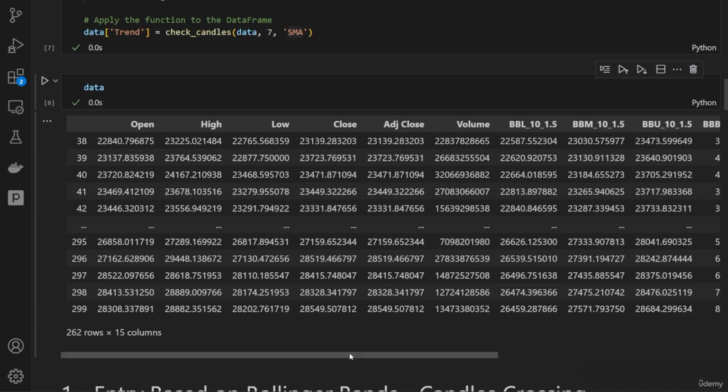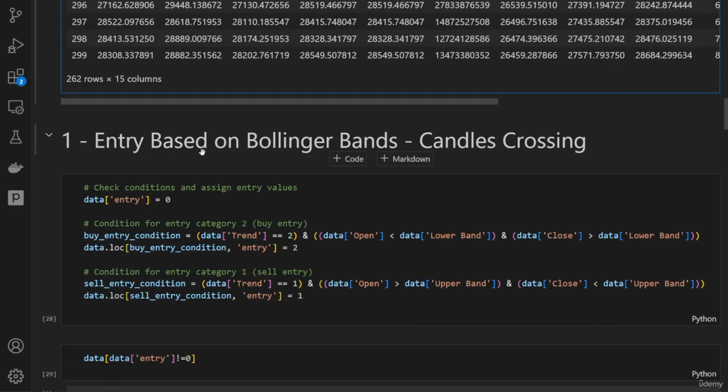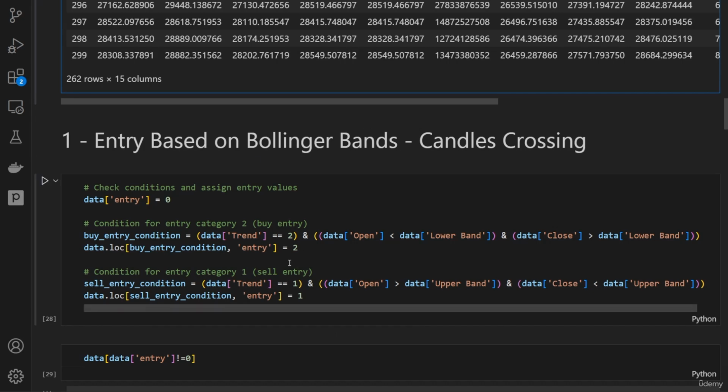Okay, so now we have our data frame with the Bollinger Bands, the moving average, as well as the trend category as a feature. So we can try and use the Bollinger Bands now with the candle crossing conditions together to generate an entry signal. The idea for this first example is to check if we have an uptrend and at the same time a retracement below the lower Bollinger Band.